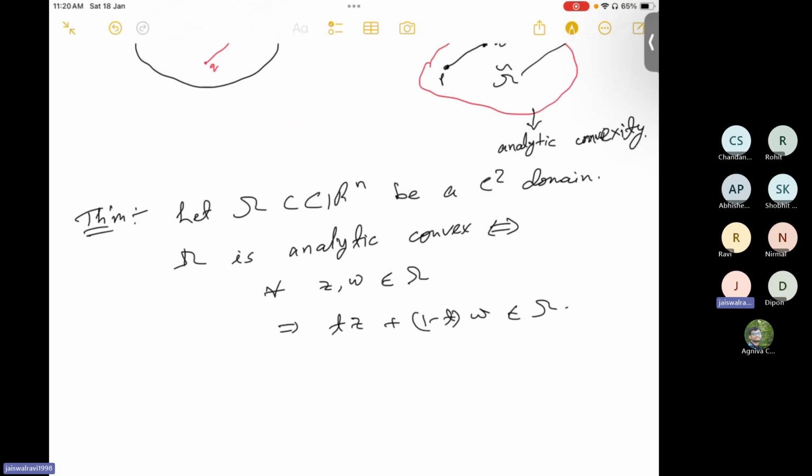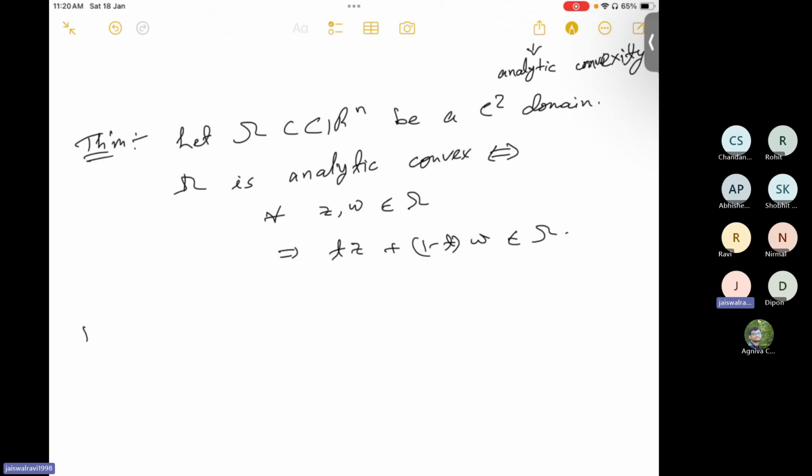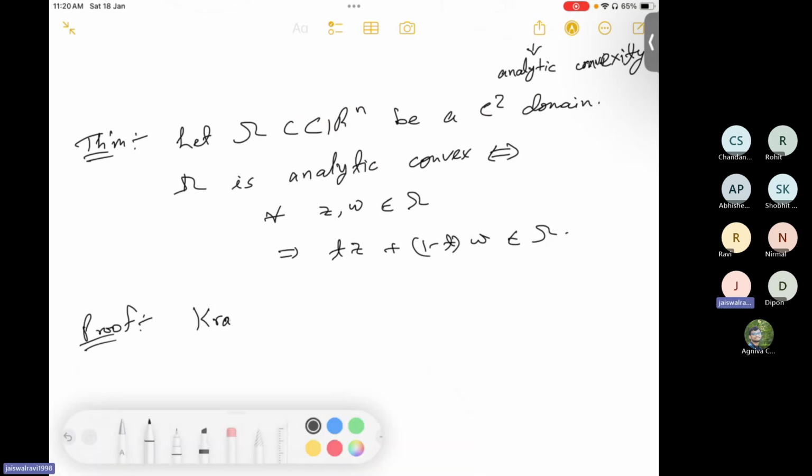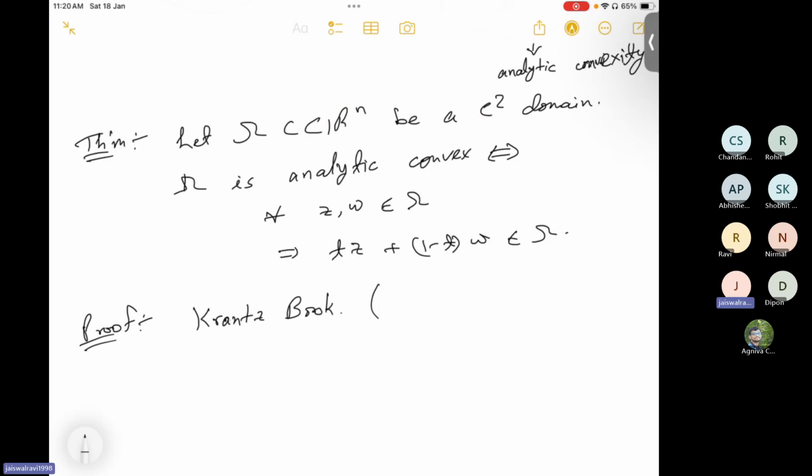This result I will not prove, but I can refer you to where you can find the proof. You can look at the Kranz book, I think the SCV book.